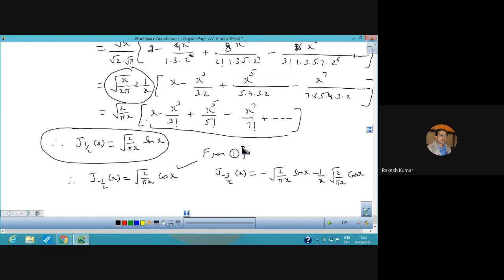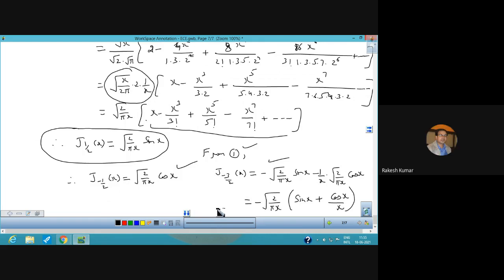The values are used in equation number 1, and now you can take common. So minus square root of 2 over pi x can be taken common. Inside you will have sin x plus cos of x over x. So this is the relationship which we want to get.